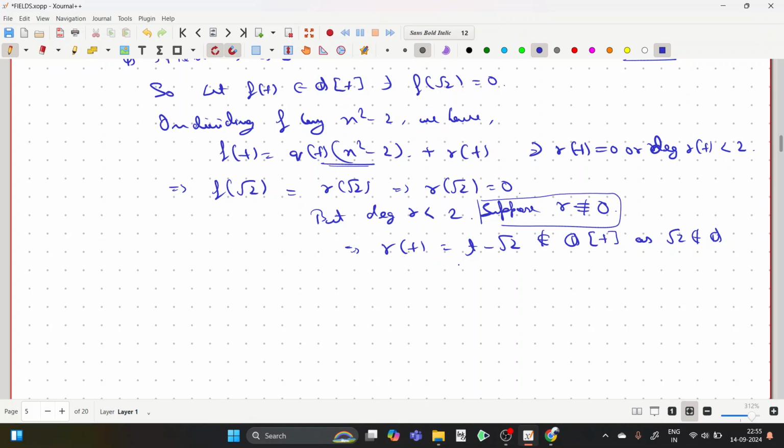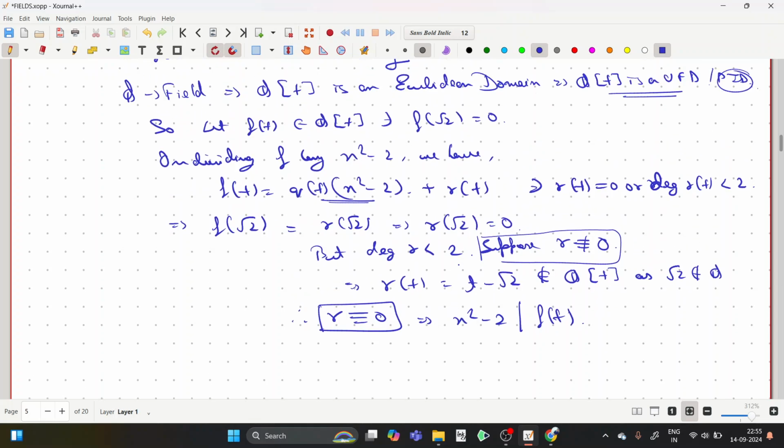So r needs to be a degree 0 polynomial, but then since r of root 2 must be 0, it is a constant polynomial, which must be 0. The conclusion in either case is that r is identically 0, which means that the polynomial x square minus 2 divides f(t). Clear.